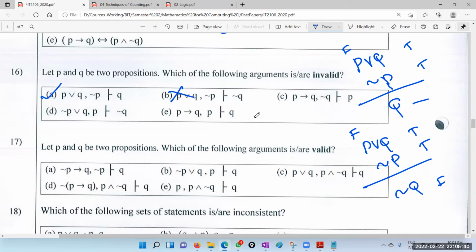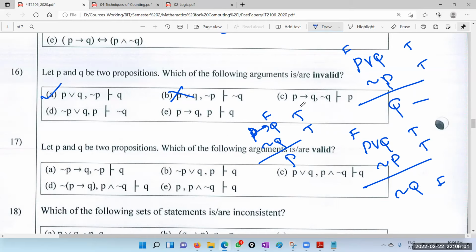Right, next one. P implies Q, not Q, therefore P. Now these two are true. Not Q is true means Q is false. When Q is false, P implies false is true.